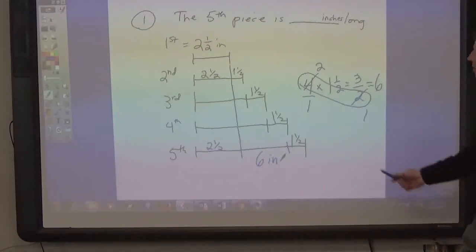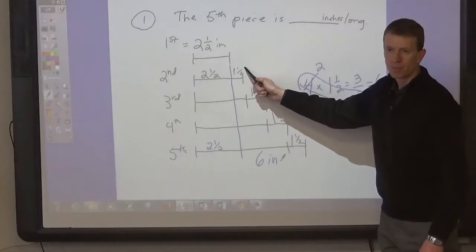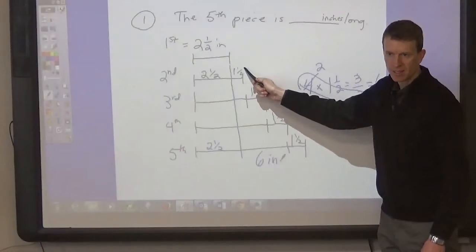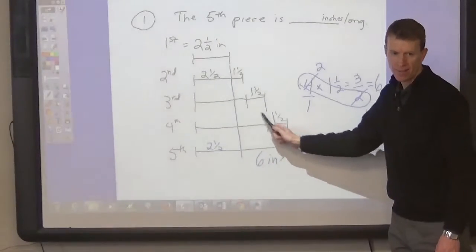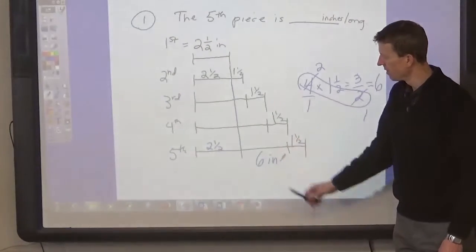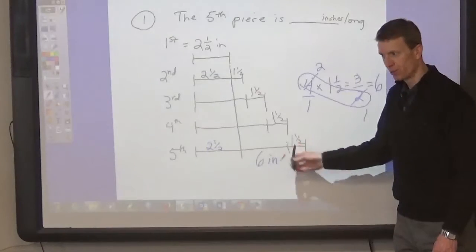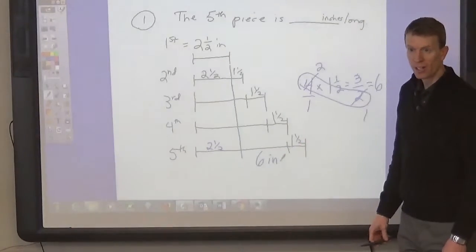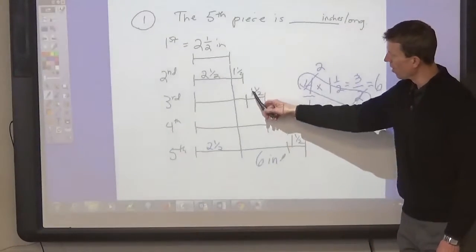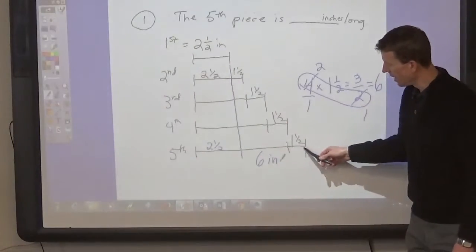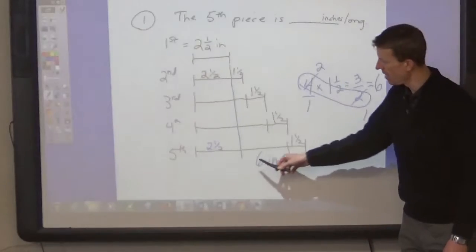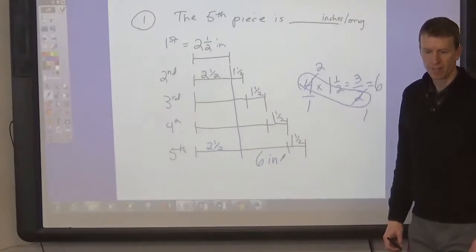So you could do 2.5 plus 1.5, and then that amount plus 1.5, and then that amount plus 1.5, and then that amount plus 1.5. Or you could do 1.5 times 4 to find the length of the additional pieces, and then add 2.5.